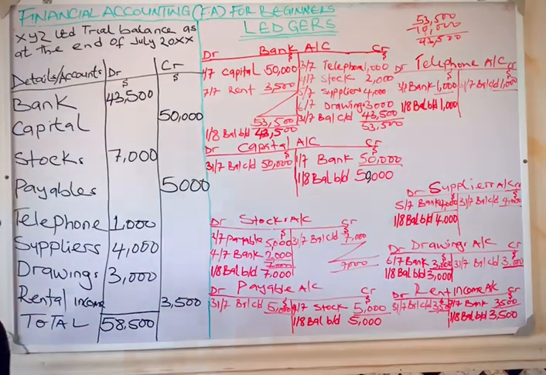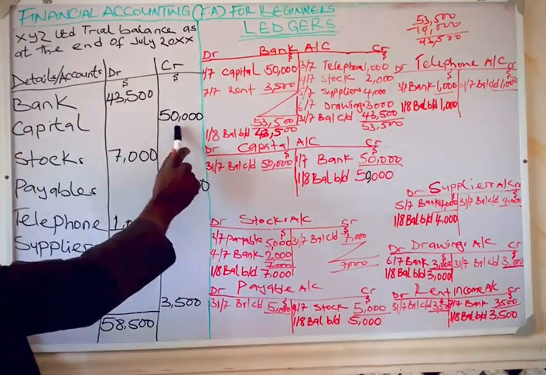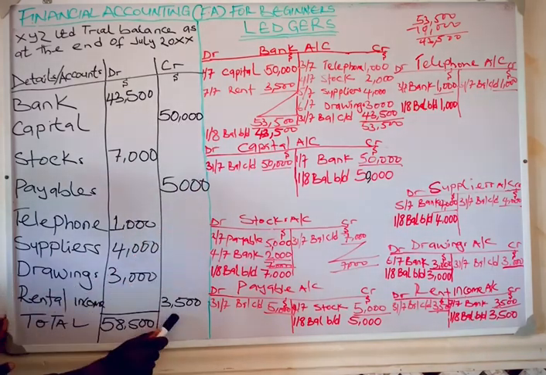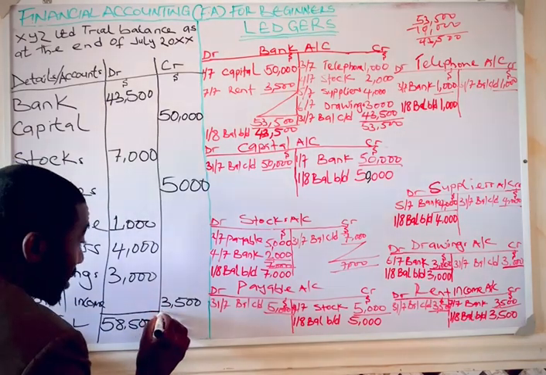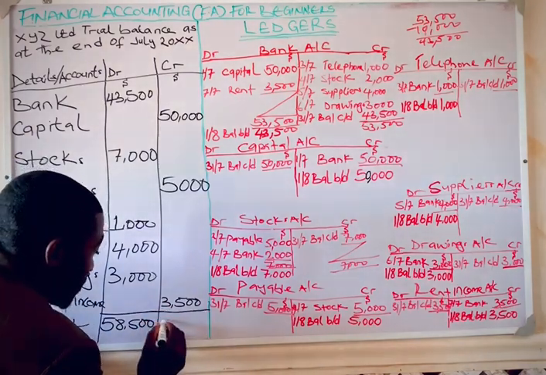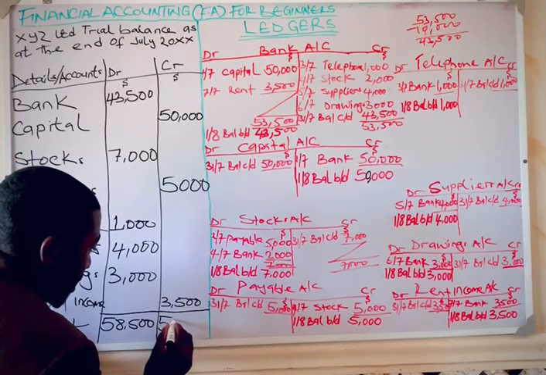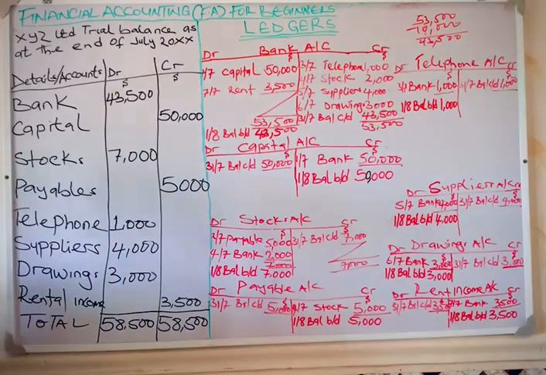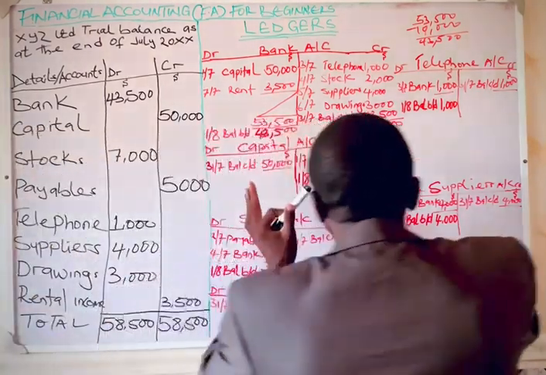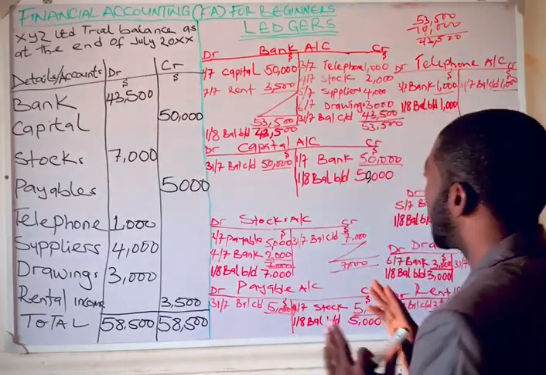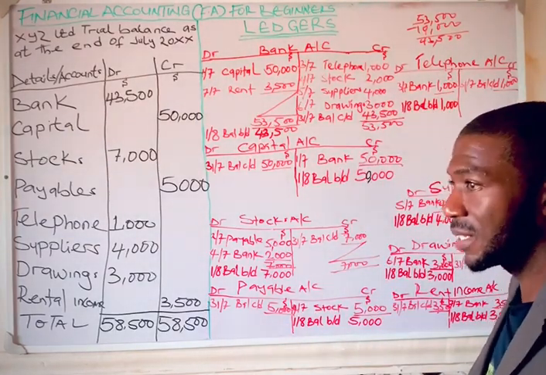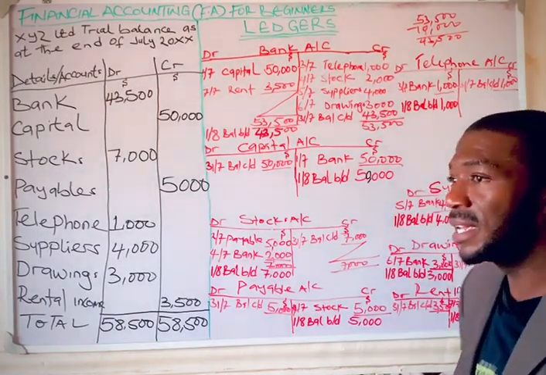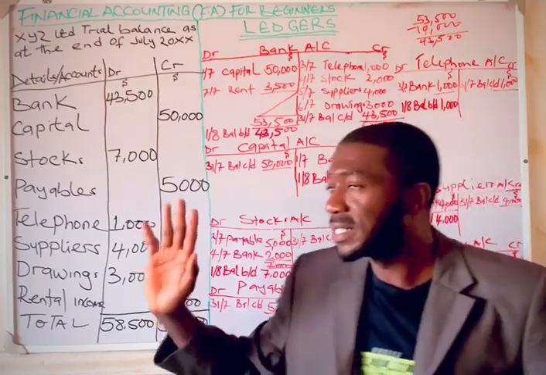Now let's add the credit side: 50,000 plus 5,000 is 55,000, plus 3,500 is 58,500. So our trial balance is balanced. Our ledger accounts were entered correctly, the side of the account, debit or credit, and the amounts were correctly entered. That is all about the trial balance.